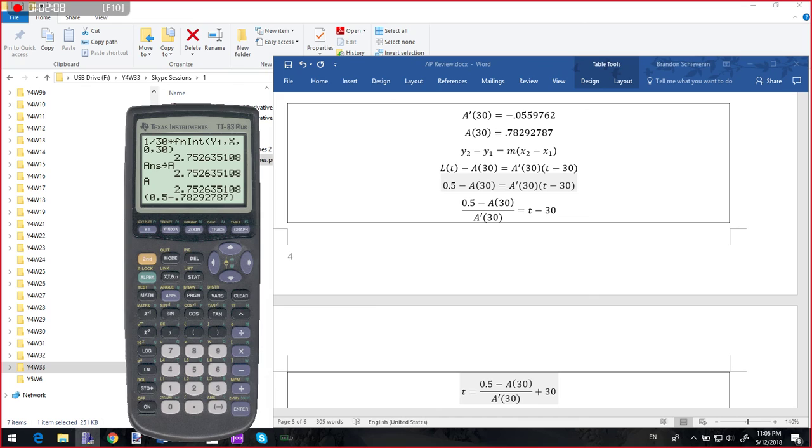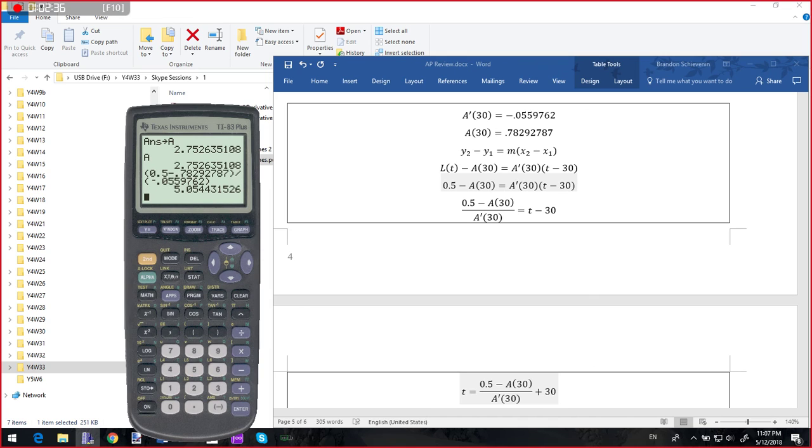Close parentheses, I'm going to divide by, open parentheses, all of A prime at 30. Negative 0.0559762. Be careful, we can't use the subtraction sign for a negative on our graphing calculator. So I do need to use that negative sign.